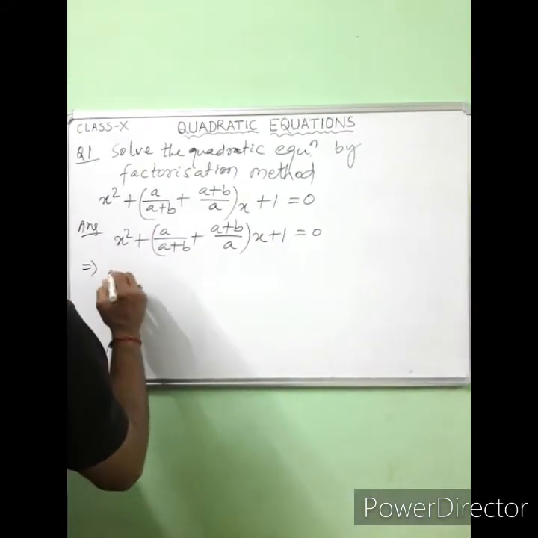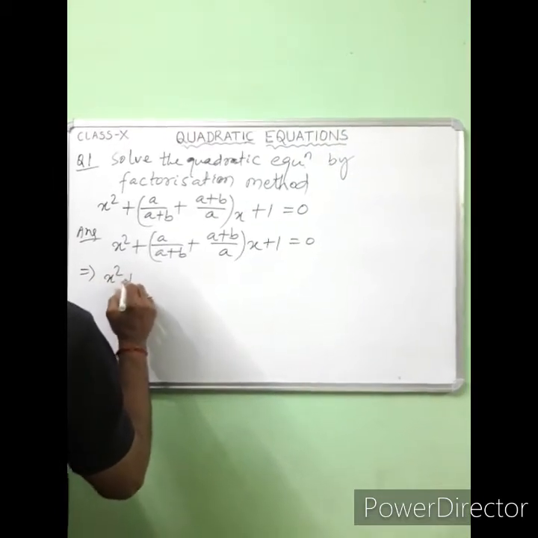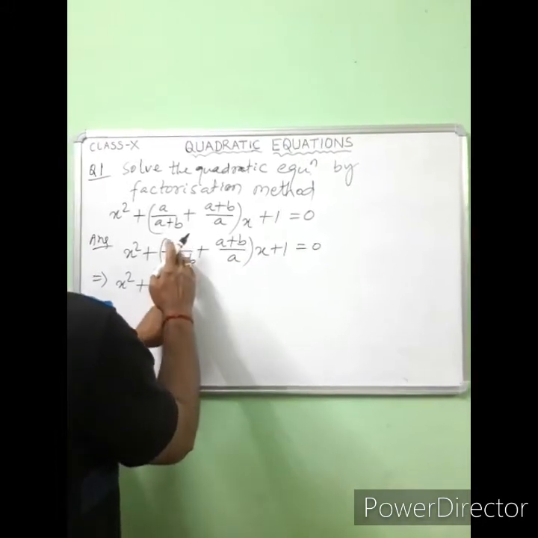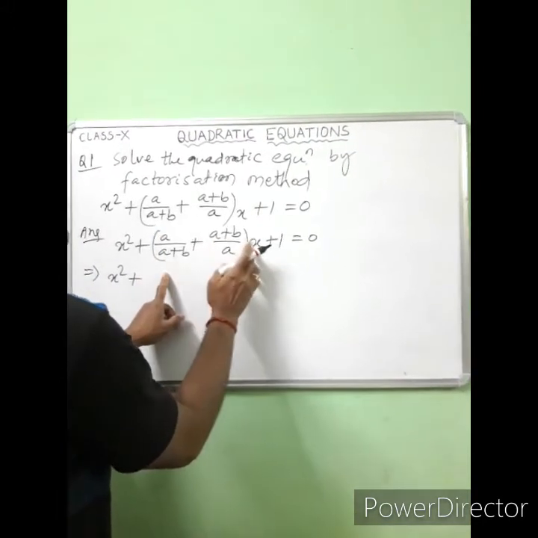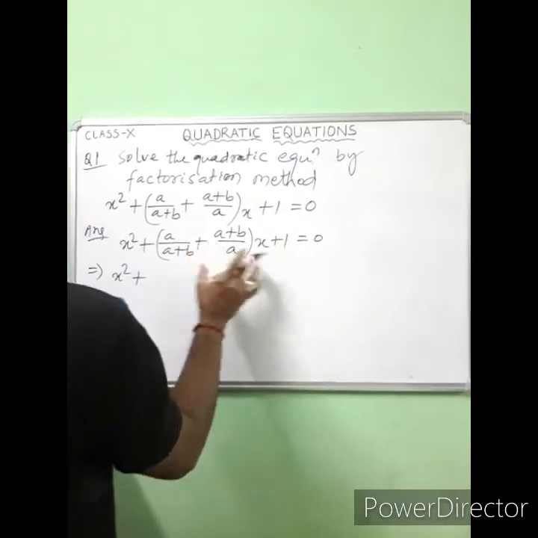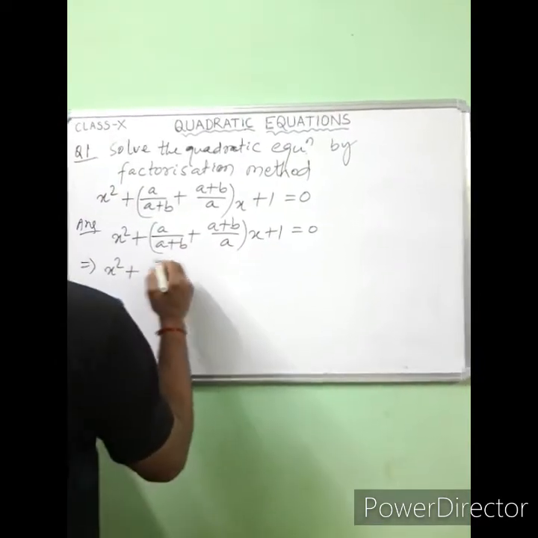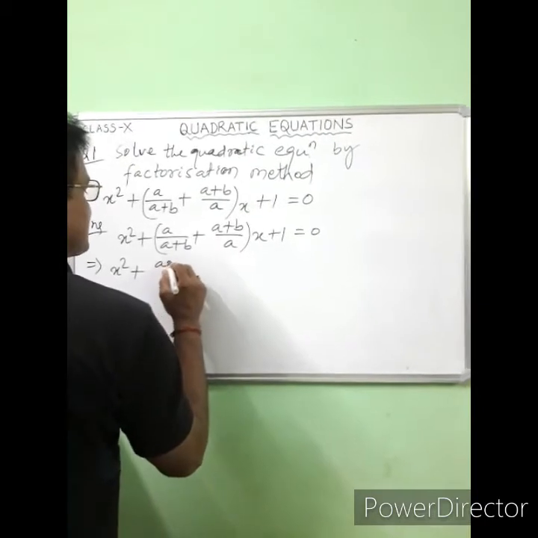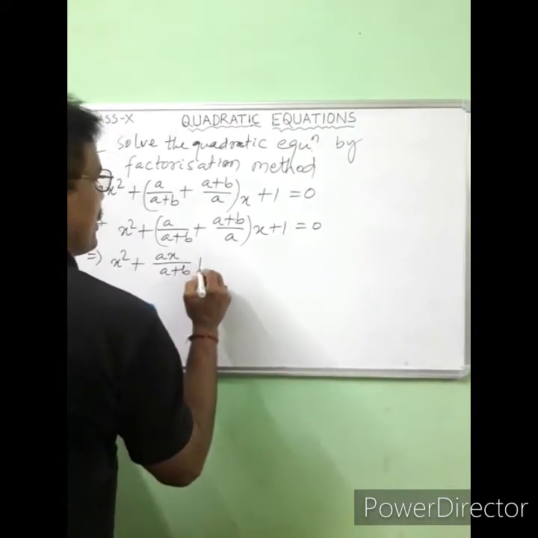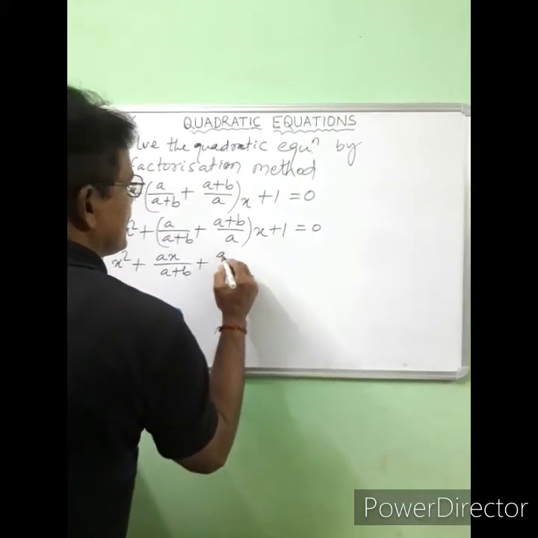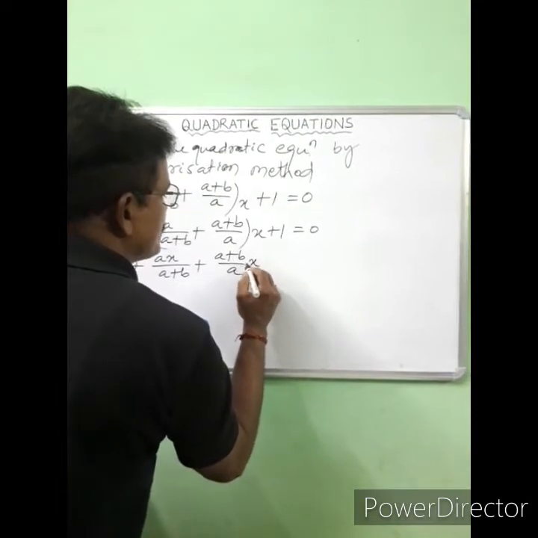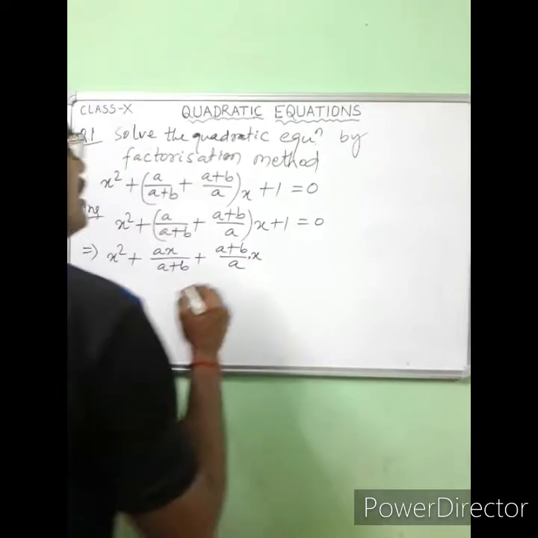That implies x square plus, now open this bracket: a by a plus b is multiplied by x, and a plus b by a is also multiplied by x.